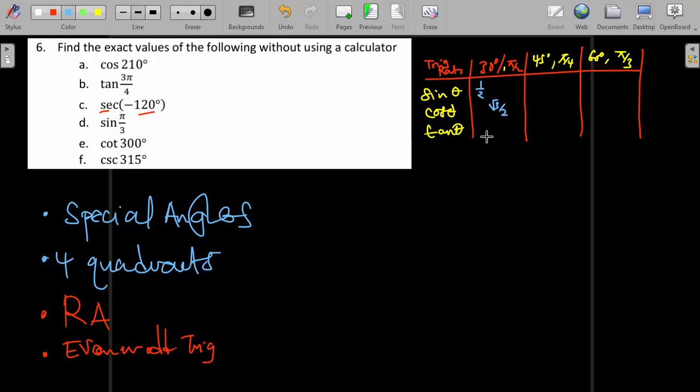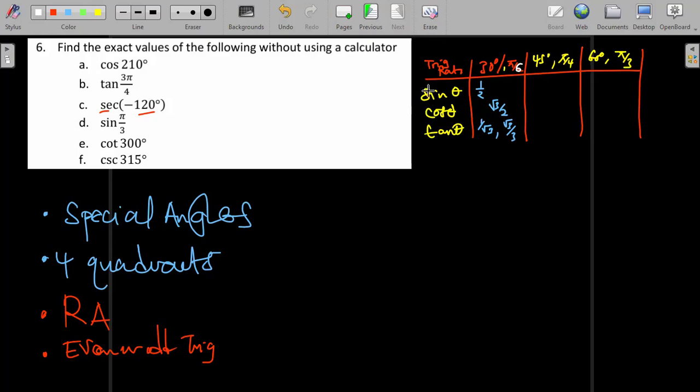And tan 30 is simply 1 over root of 3, or when you rationalize this, some books will say root of 3 over 3. That's that about the 30 degrees angle, or the pi over 6. Hey, did I say over 2 here? This is pi over 6.